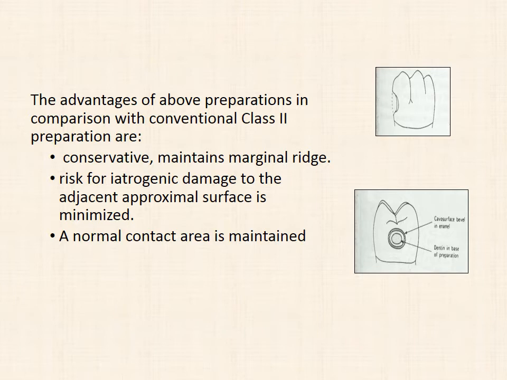This only removes the caries from the proximal surface or from that specified area only. You're conserving the marginal ridge, the risk of pulpal exposure is minimized, and a normal contact area is maintained.